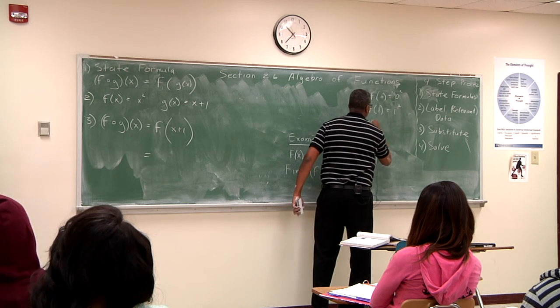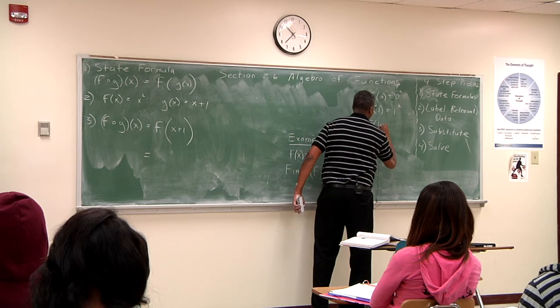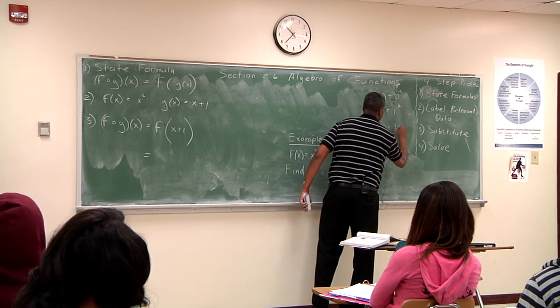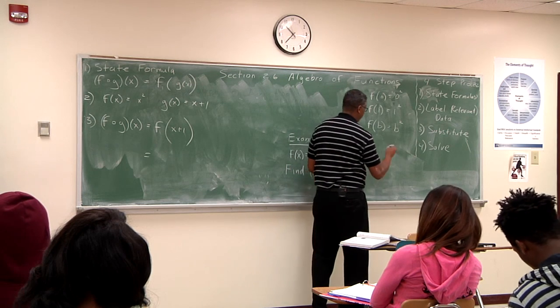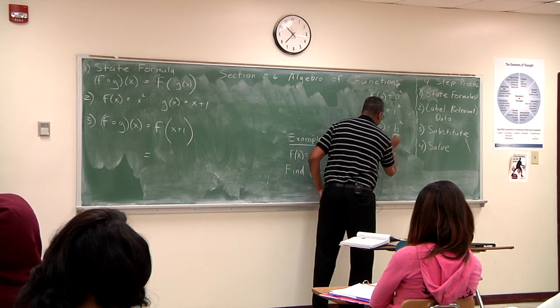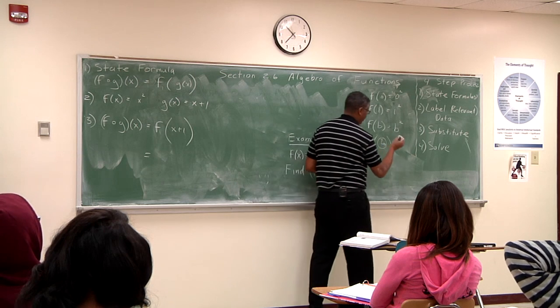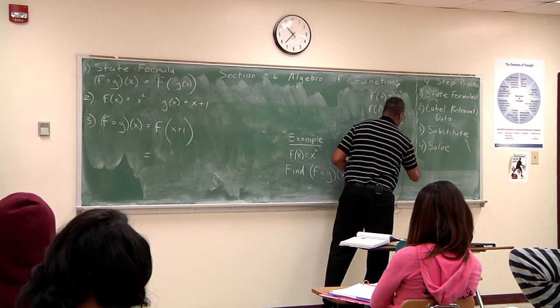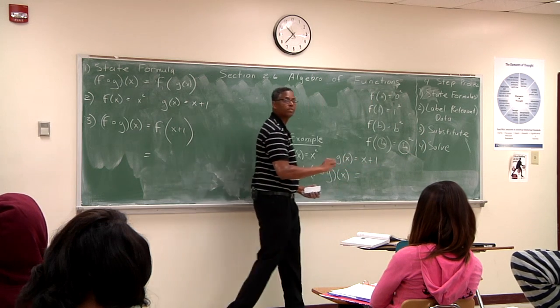We know what f of, let's say, the letter b is. It's just b squared. Here's a silly example. We know what f of, let's just say, a clock is. It's silly, but it's going to drive the point home. It's just a clock squared, right?